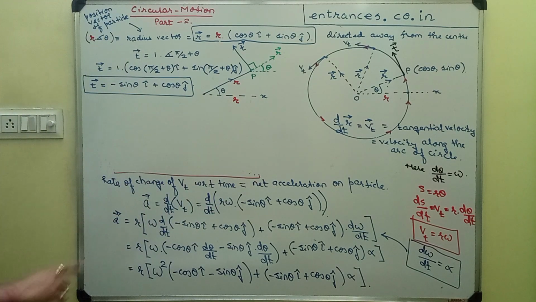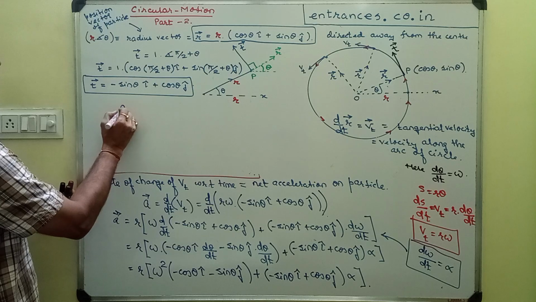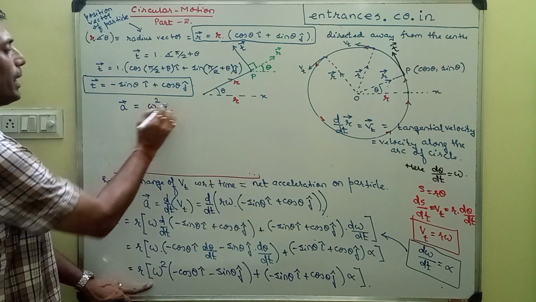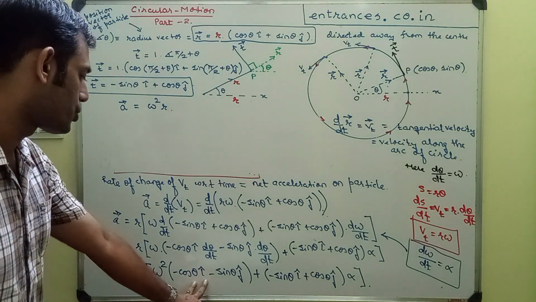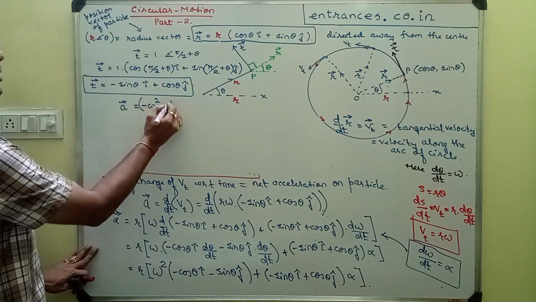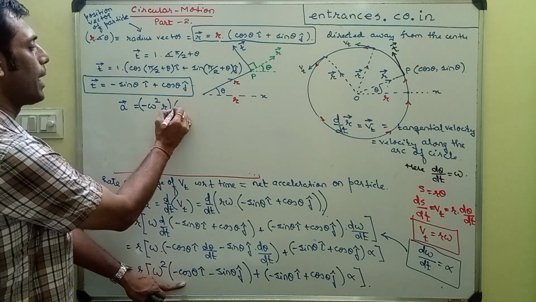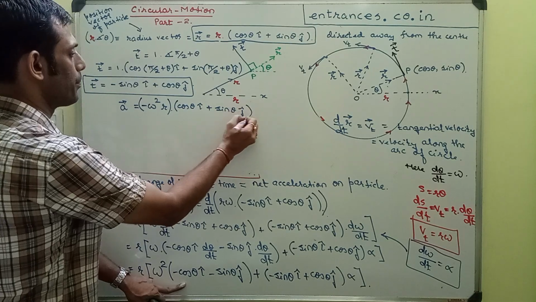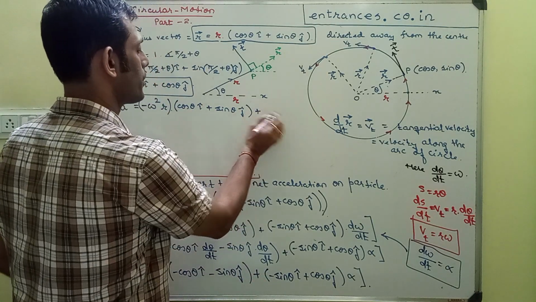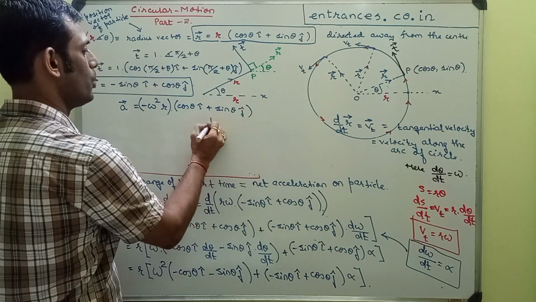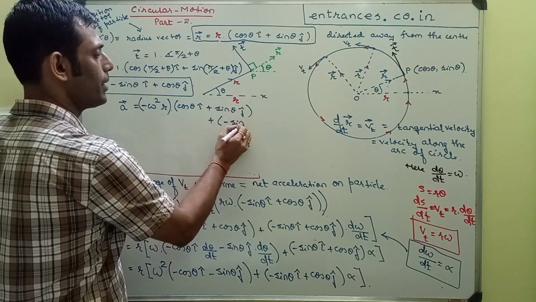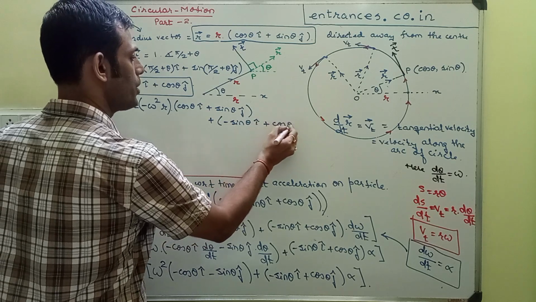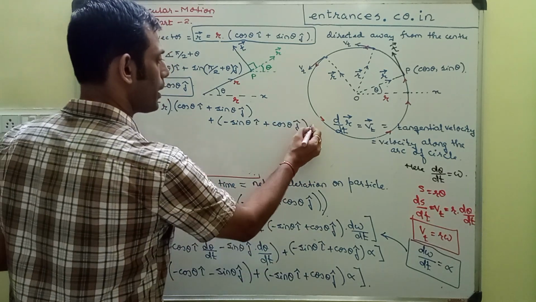Now you see, that means the acceleration here is equal to omega square r into, I take the minus out, cos theta i cap plus sine theta j cap, and plus I will write it just below, plus minus sine theta i cap plus cos theta j cap into alpha.